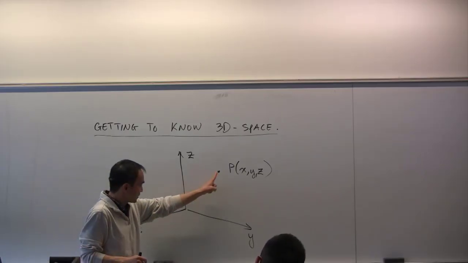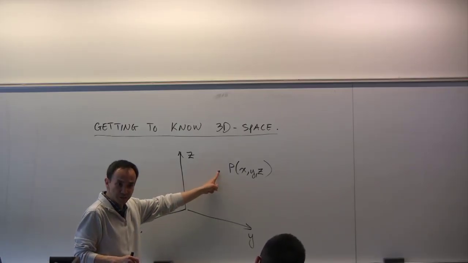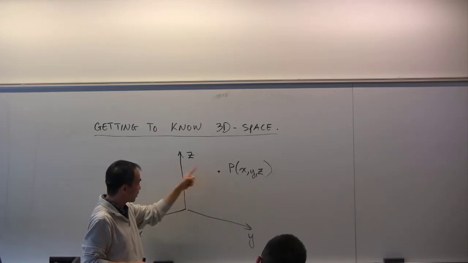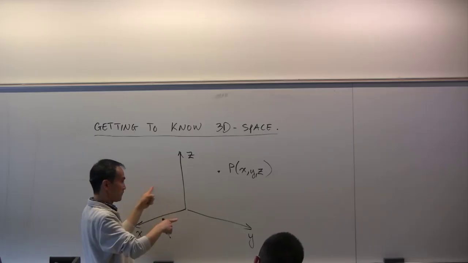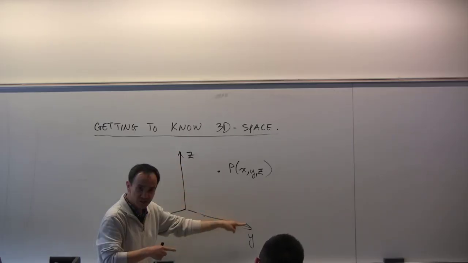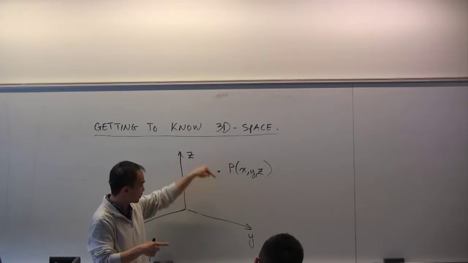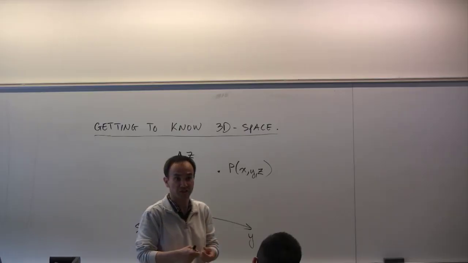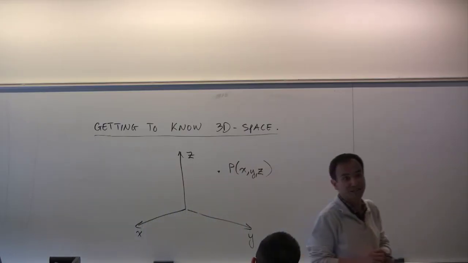Because now it doesn't matter where your point is in space, there will always be a projection on the x, z wall. There's also a projection on the y, z wall right there, right? And then there's also a projection on the x, y floor. I'm not talking about the shadow of that. See what I'm saying there?